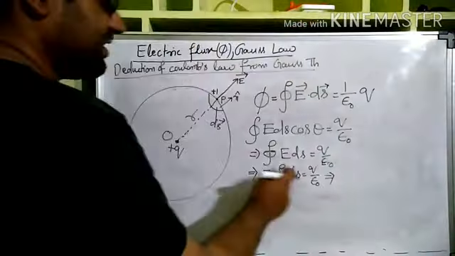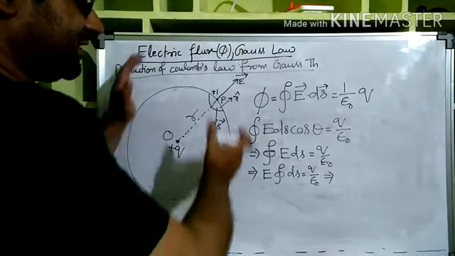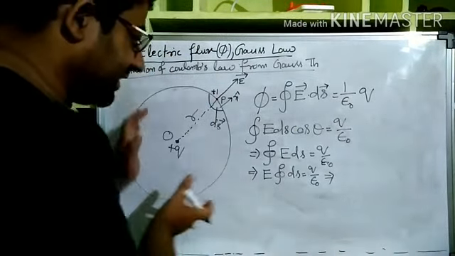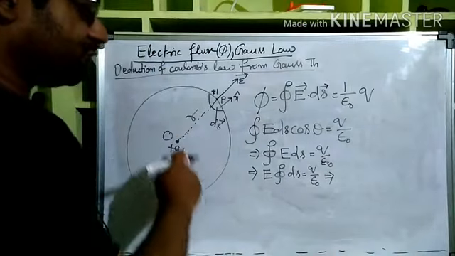Yes or no? Implies that what is ds? ds if it's a closed integral, this is the total area which is equal to 4 pi r square. Implies that E multiplied by 4 pi r square is equal to q by epsilon naught.